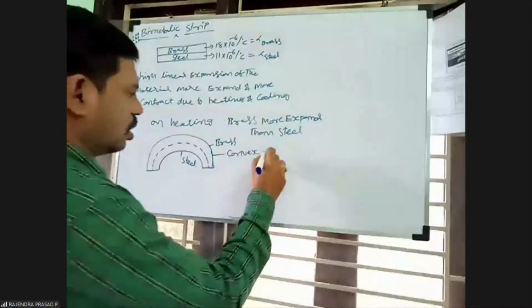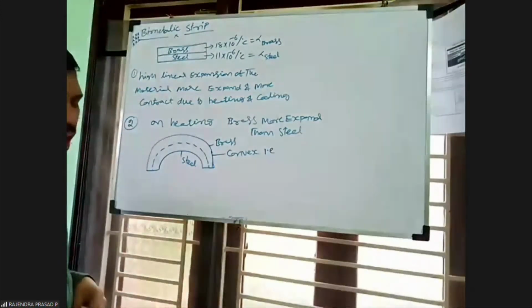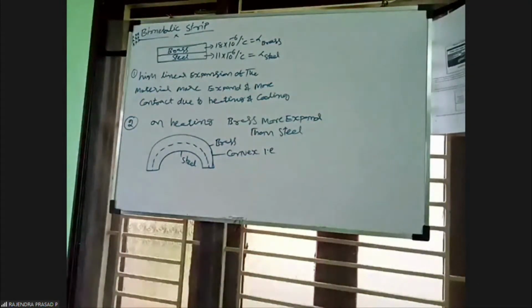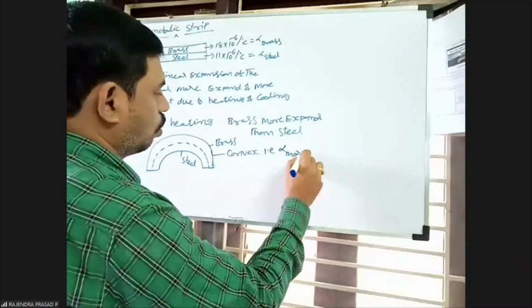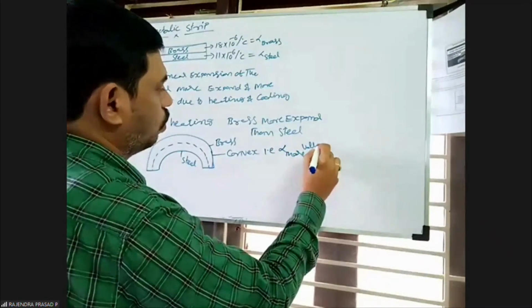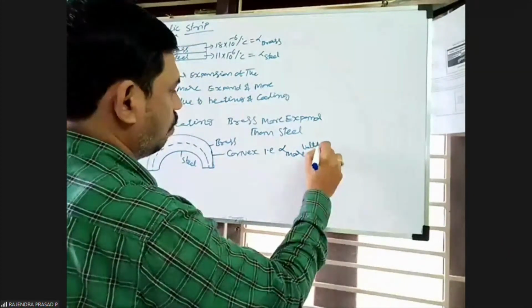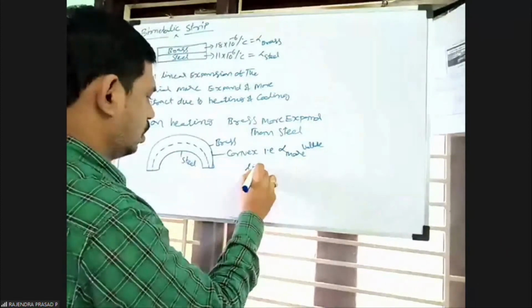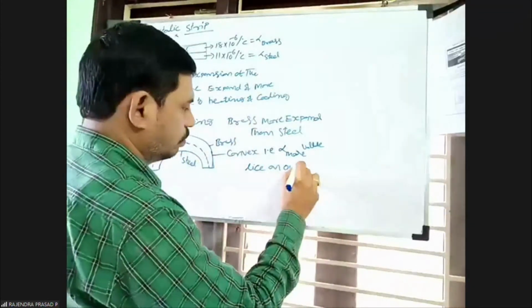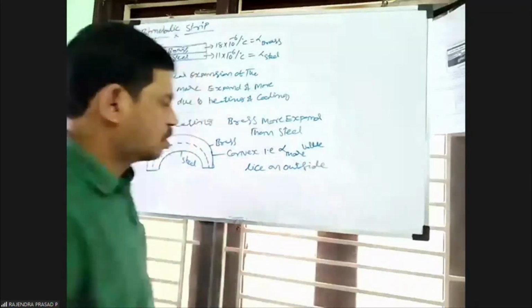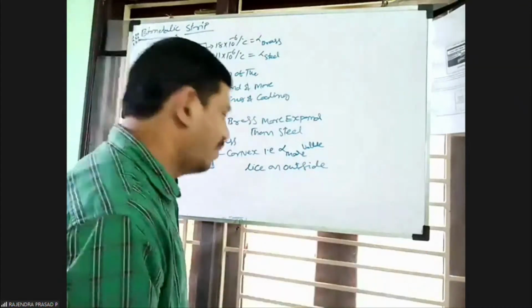So that is the alpha value. Alpha value is more, so the material with the higher alpha value lies on the outer side. Outside means the convex shape.